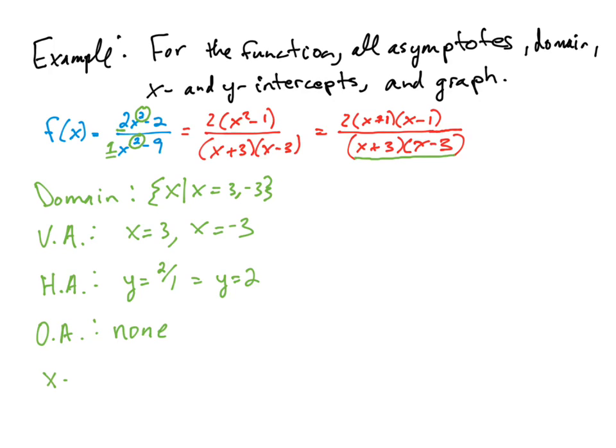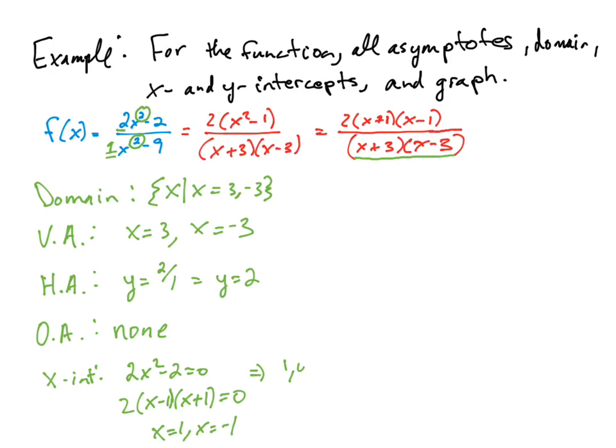For the x-intercept, what we do is we set the numerator equal to 0. We want to find out when does the numerator equal 0. So if we factor this, which we've already done, we're going to see that x is equal to 1, x is equal to -1. So we want to write these x-intercepts as ordered pairs.